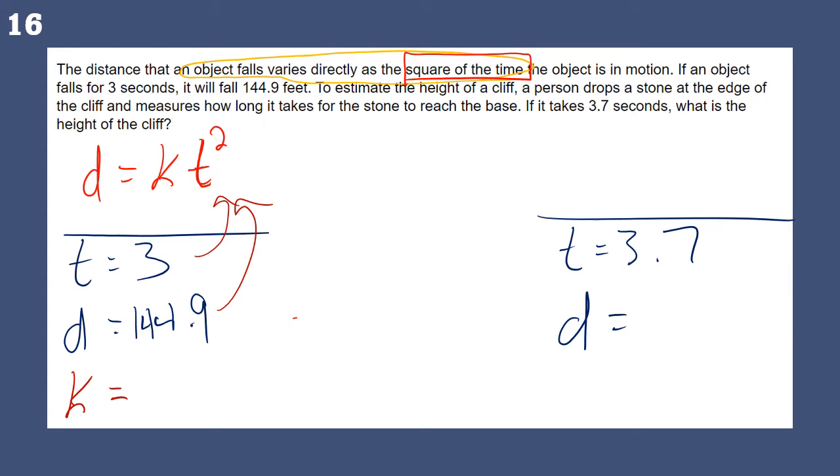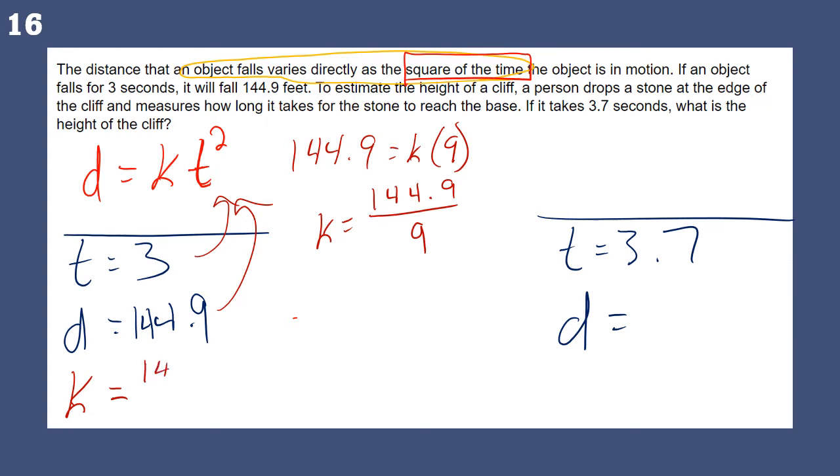So if we do that, what we'd end up getting is 144.9 equals k times 3 squared, or 9. Then we're going to divide both sides by 9, and we get k equals 144.9 divided by 9. So that right there is our k. I'm going to leave it as a fraction just for funsies. You might want to clean that up and try to actually do the division, but I'm just doing this by hand, so I'm going to leave it just like that.